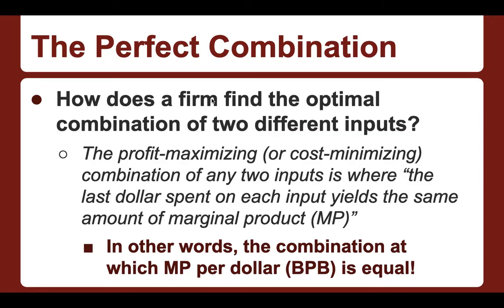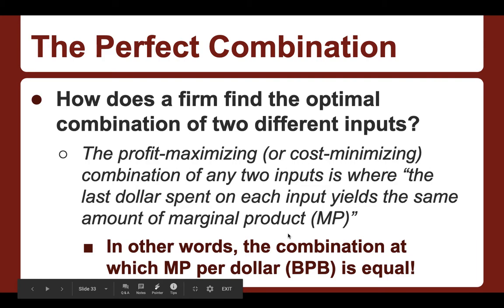So the question is, how does a firm find the optimal combination of two different inputs? The rule is the profit maximizing, or in other words, cost minimizing, combination of any two inputs is where the last dollar spent on each input yields the same amount of marginal product. In other words, the combination at which the bang per buck is equal.